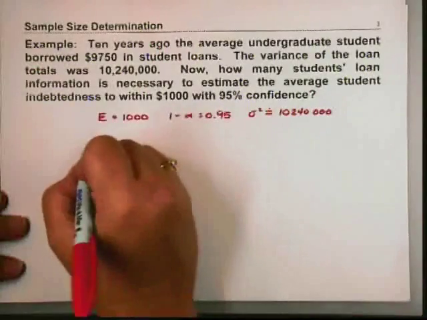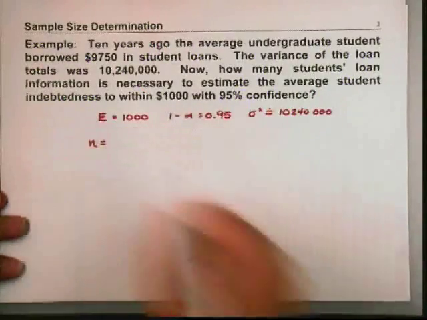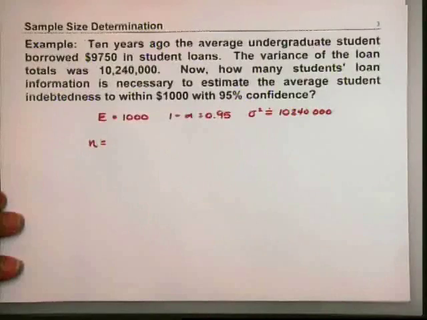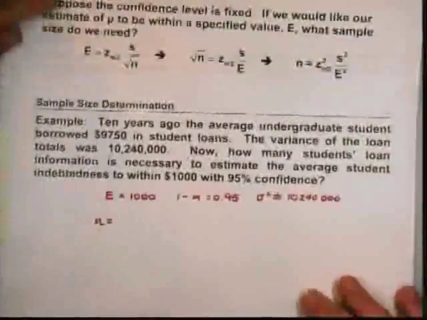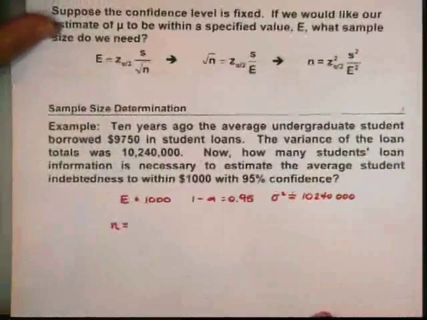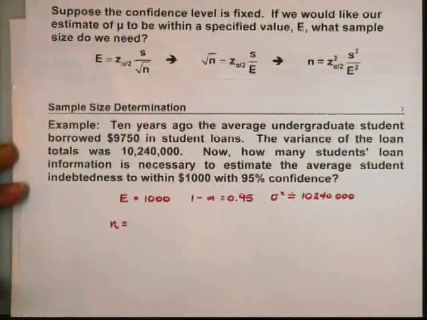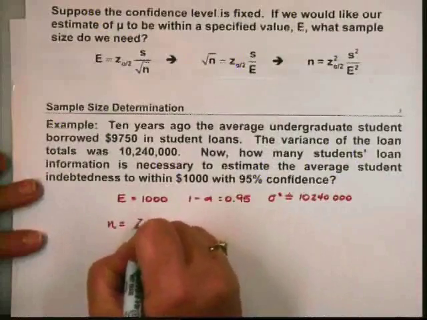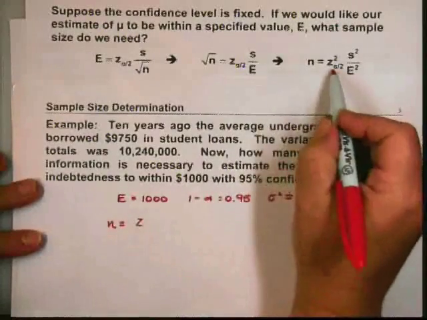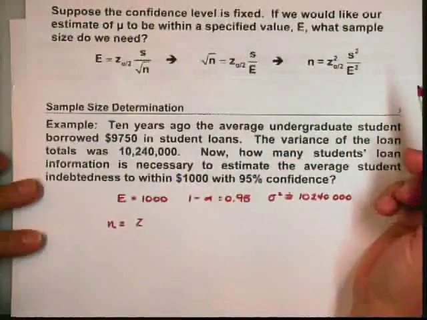All right, so if we want to find out what n is, or how big a sample we should take present day, we need our formula here. Okay, so we want to look up a z-score that determines a right-hand area of what?